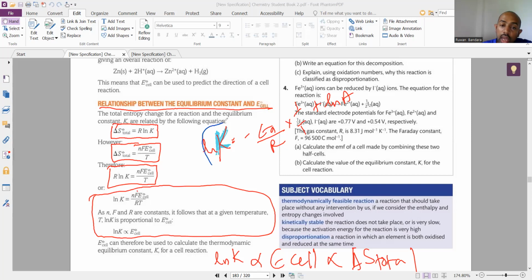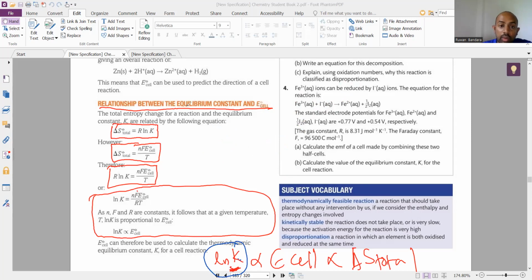Here this K is the rate constant. And remember, this is not that K. This is the equilibrium constant, right? You are going to learn several Ks here, but the K that we learned in the rate is not this one.